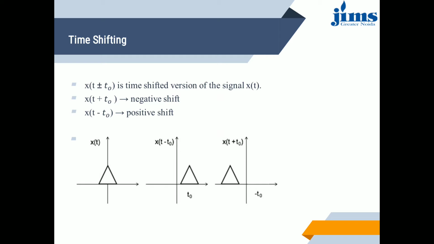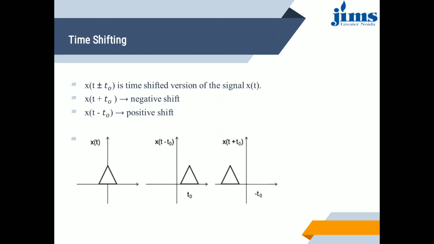Each time shifted version of the signal x(t): x(t plus t naught) means negative shifting, and x(t minus t naught) is positive shifting. These are the following diagrams for the negative shifting and positive shifting. The time shifting of a signal may result in time delay or time advance.